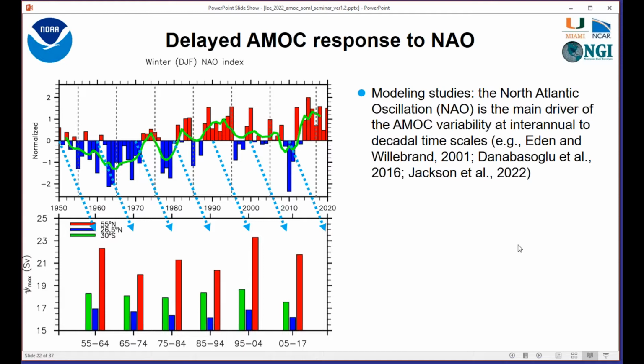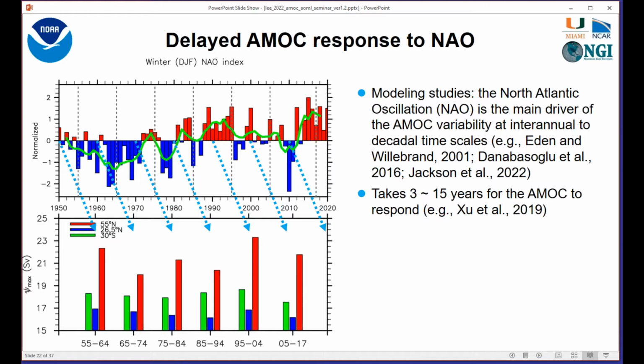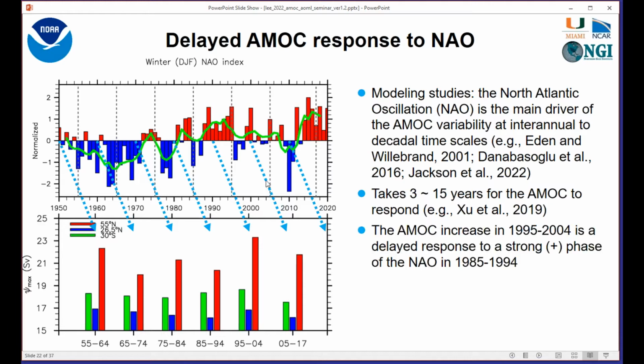However, this relationship is well recognized, but depending on the model, it takes about 3 to 5 years for the MOC to respond to the changes in the NAO signal. So for instance, let's take a look at what happened here. We had a big positive NAO decade from 85 to 94.